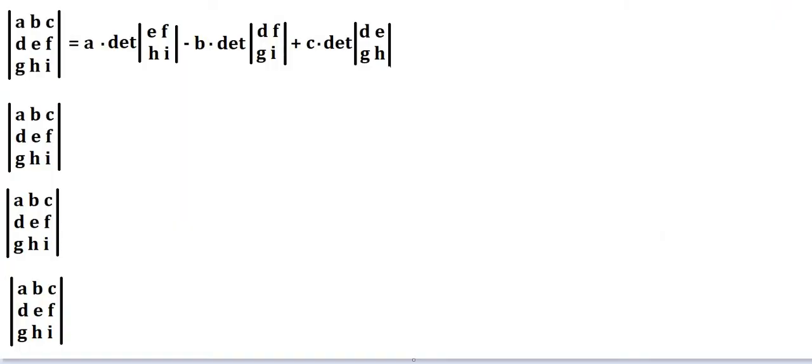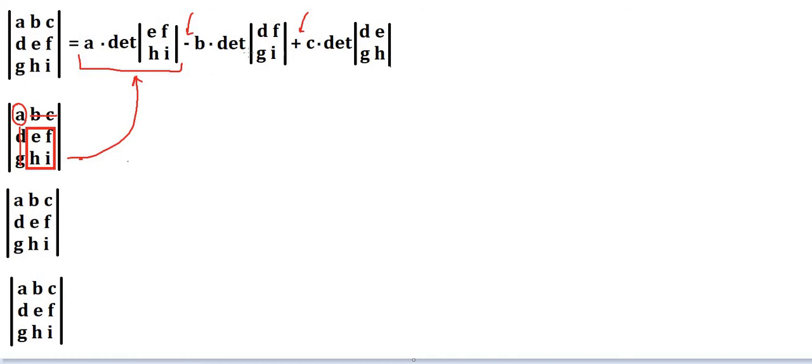First, we take the entry A, make a horizontal line and a vertical line. Whatever is left over is our 2 by 2 matrix. So A times the determinant of this 2 by 2 matrix is the first part of the equation. Minus sign and plus sign, we alternate.